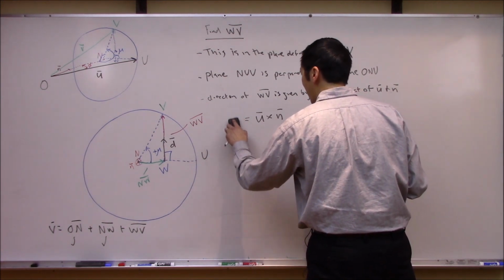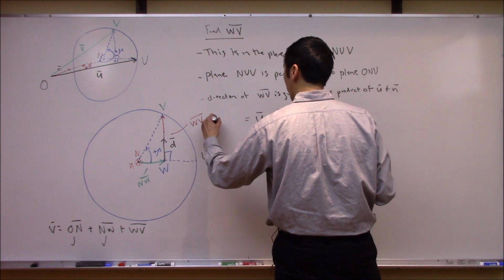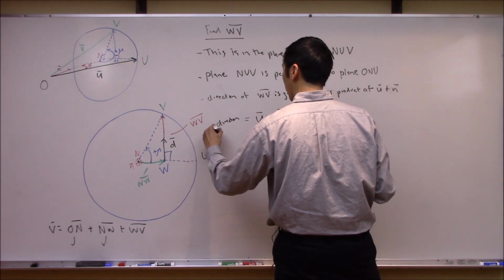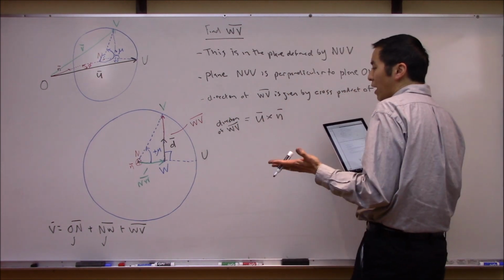Let's not call this D yet. I want D to be a unit vector. So let's just say the direction of WV is given by U cross N.